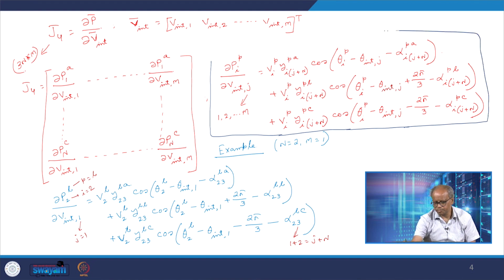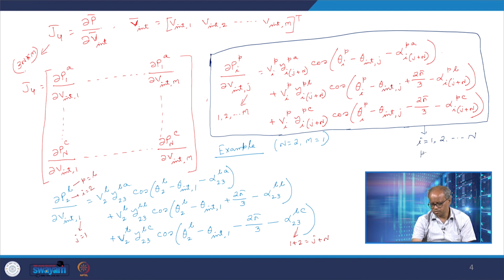Just by using this expression of the J4 matrix, we can find out the elements. Here I again repeat that i varies from 1 to n and P is A, B, C, and j is obviously varying from 1 to m.